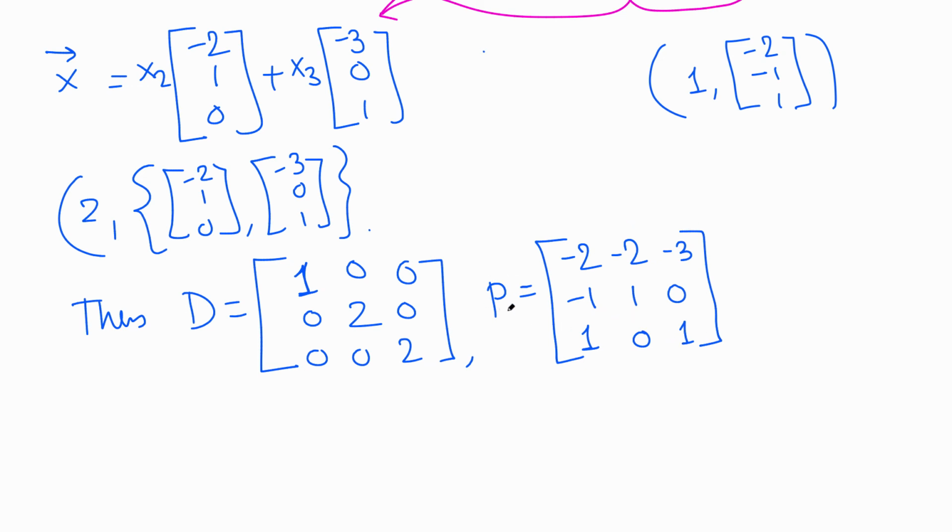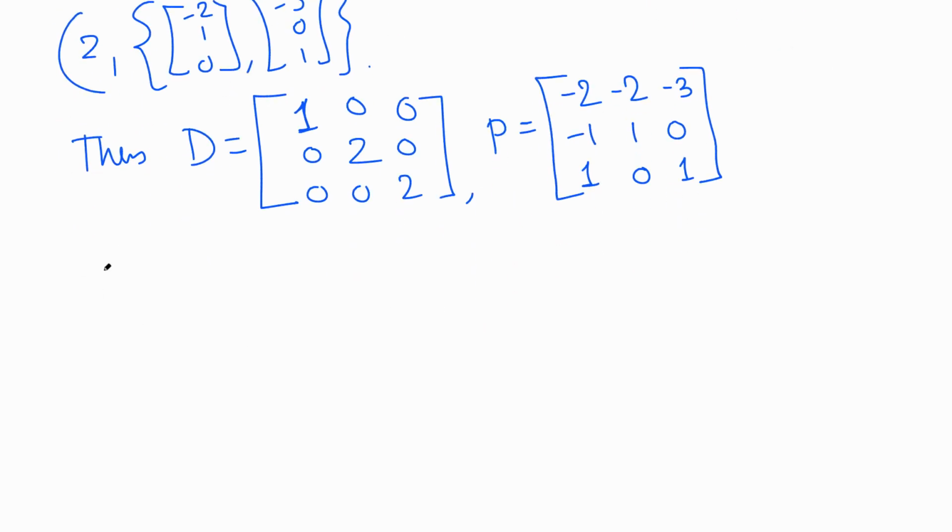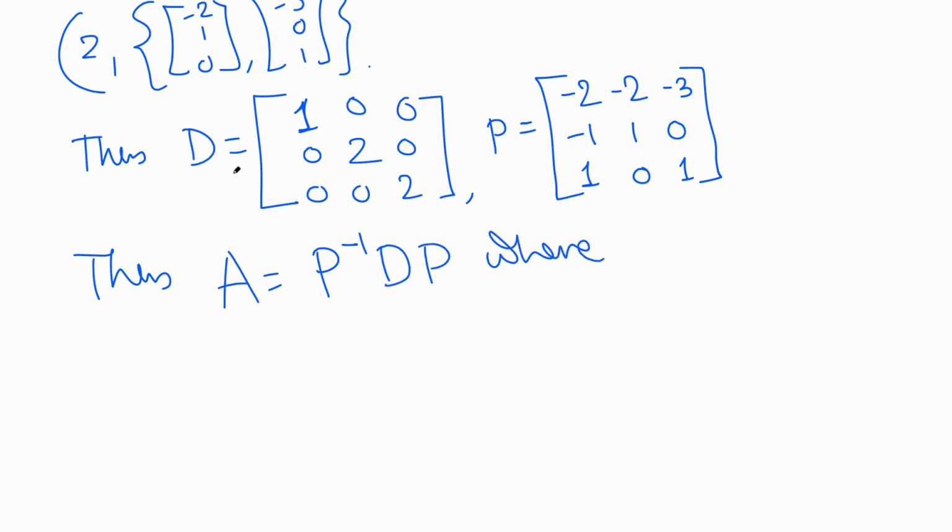So P is invertible, the inverse exists. So thus our A is P D P inverse, where D and P are found there. As above. This factorization is called diagonalizing the matrix.